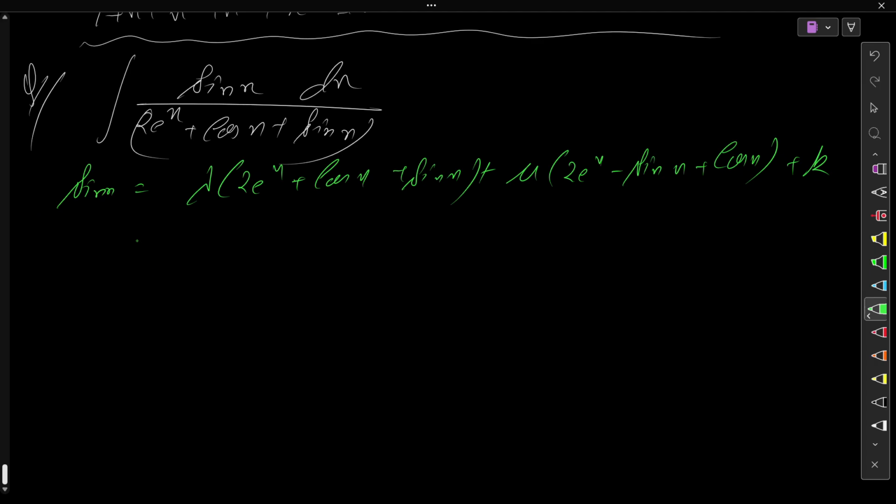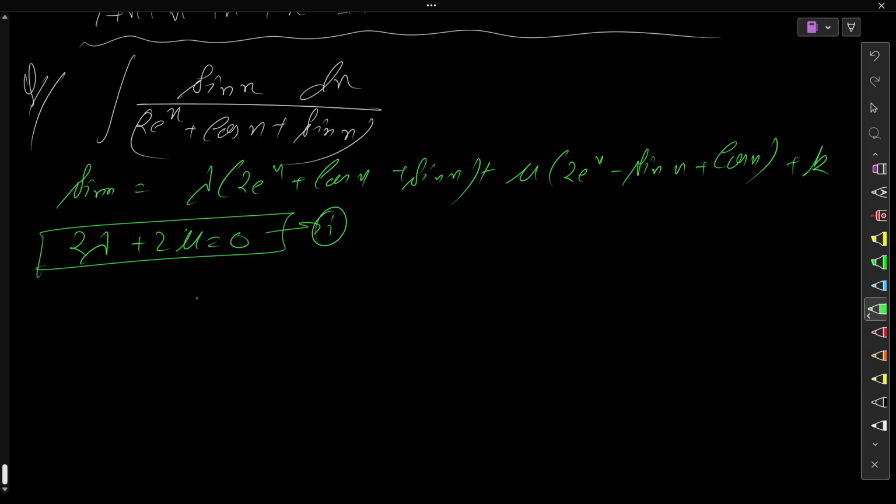From here if I compare, then 2 lambda plus 2 mu should be equivalent to 0. This is equation 1, and k should be equivalent to 0, and this is equation 2.